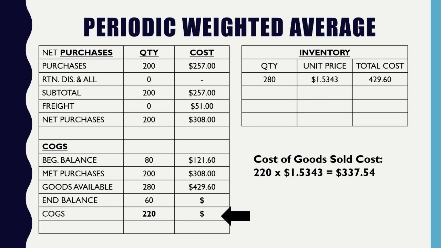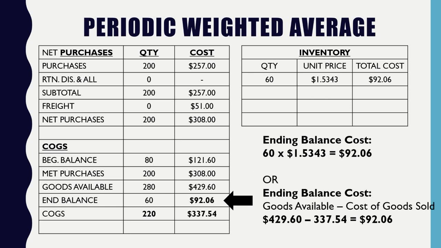So in this case, I get a rounded number when I calculate my cost of goods sold. Now that I know that my average cost is 1.5343, I'm going to multiply by my 220 units. That's going to give me a total cost of goods sold of $337.54.